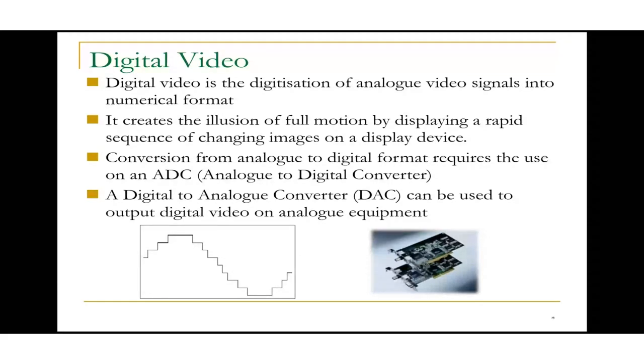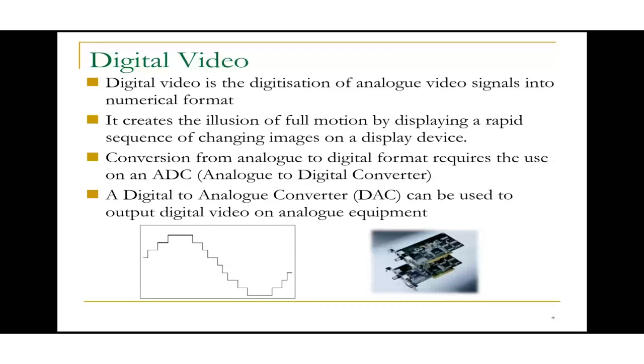Now, if you have several images moving quite fast on the screen, we will not realize that it is several images passing in front of our eyes, and that's what we are calling the illusion of full motion. Okay, the illusion. So the eye is not able to detect that what we are watching is several images being brought in front of us by whatever screen you are using.